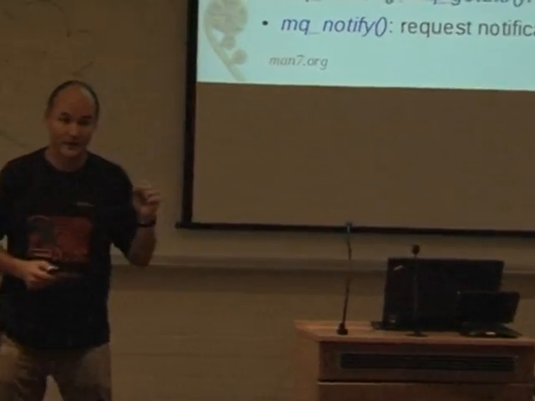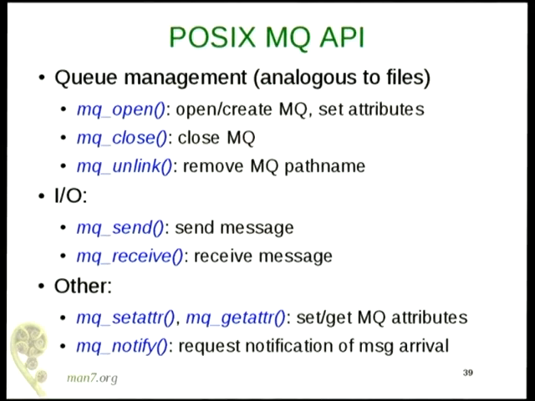You can set and get queue attributes using these two functions, and this function here sets up that notification technique that I was talking about.